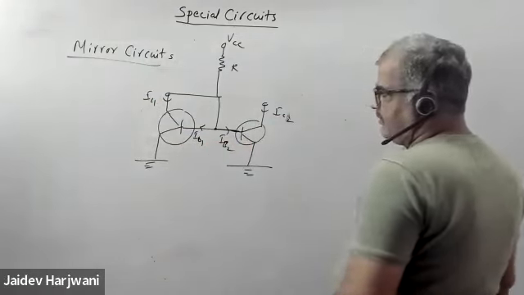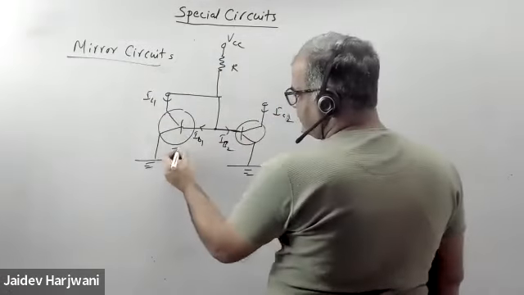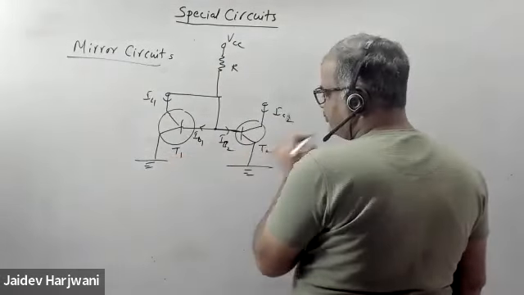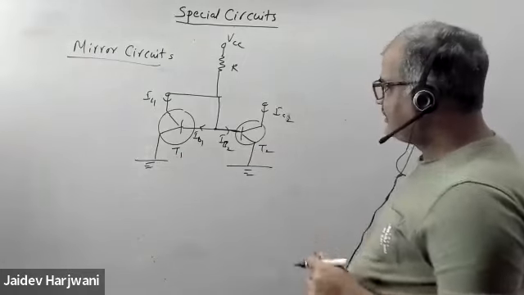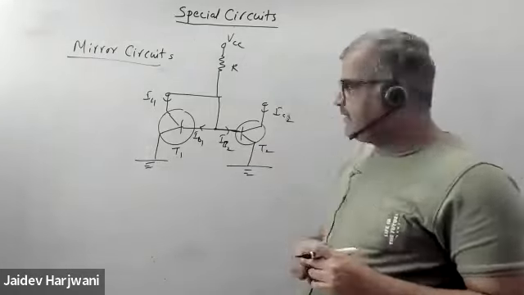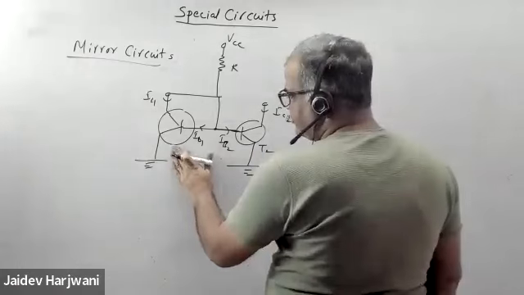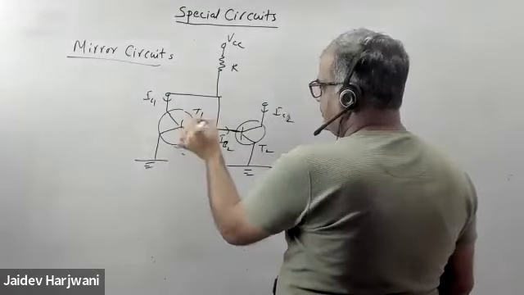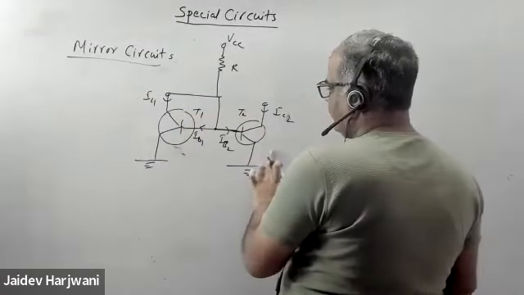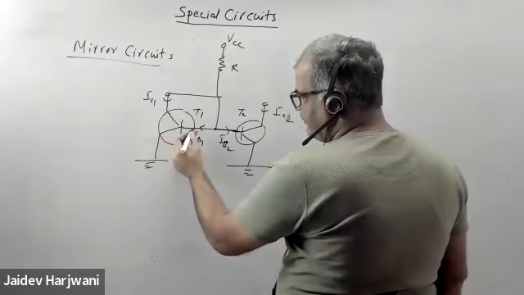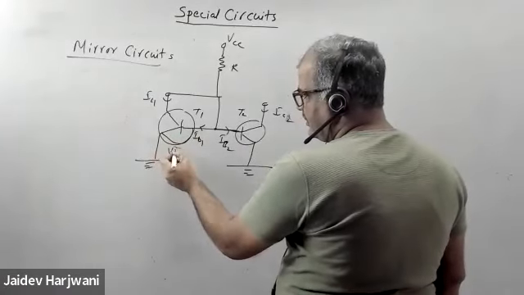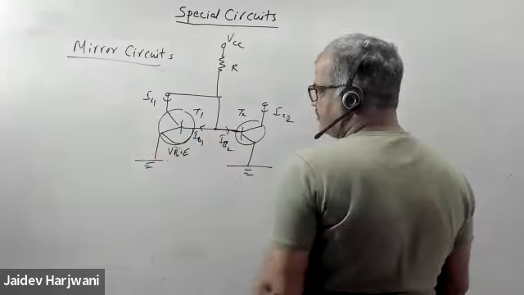So now let's say this transistor is T1, say this transistor is T2. Now both transistors are similar. Similar means now if I calculate the voltage drop here, so this is T1, so this is T2. If I calculate voltage drop here, VBE, base to emitter voltage.